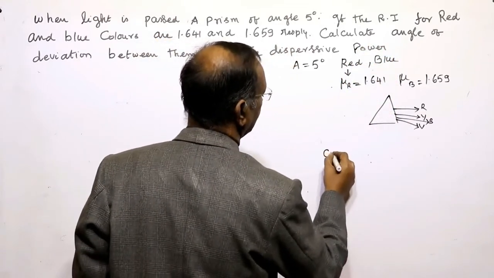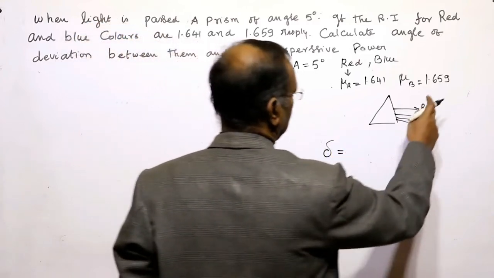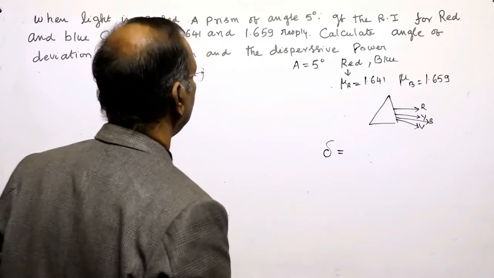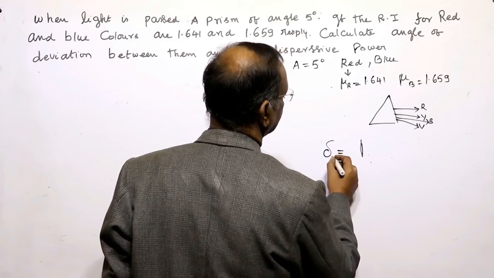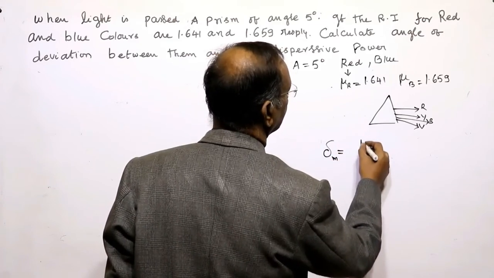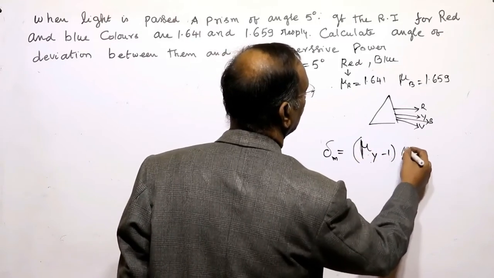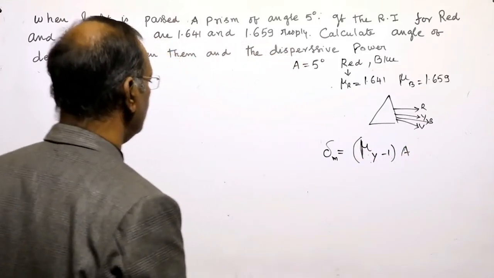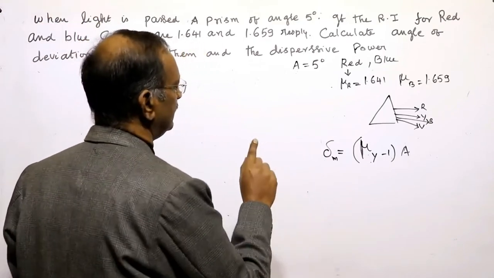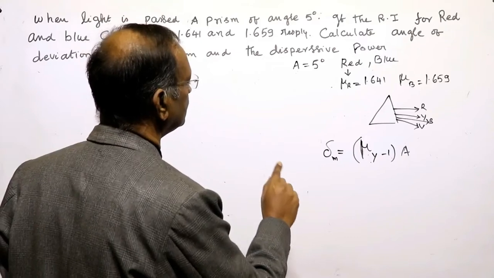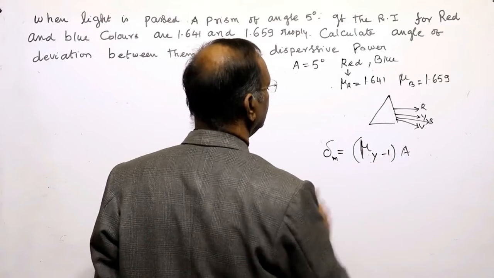As we know, the angle of deviation between red and blue is given by the mean deviation, (refractive index of yellow color minus 1) into the angle of prism. Why do we calculate mean deviation? Because deviation corresponds to yellow color, which we call the average or mean deviation.